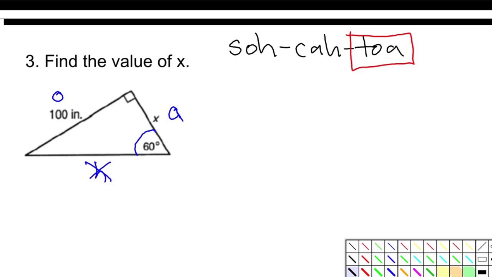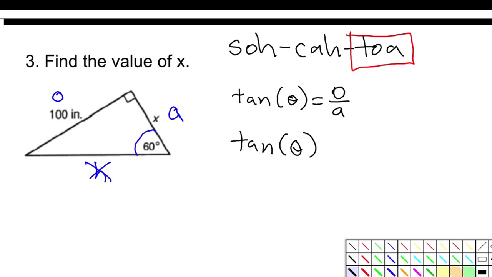So let's write it out. Tangent of theta is equal to opposite over adjacent. And there we go. Quick, simple, easy. We got this. Let's substitute our values in. So tangent of theta is equal to what over what? Tangent of theta is equal to opposite over adjacent.